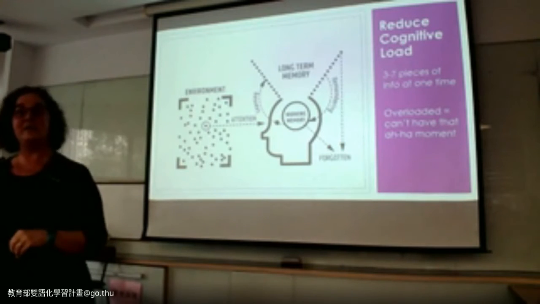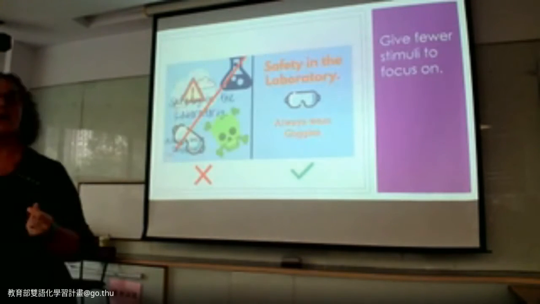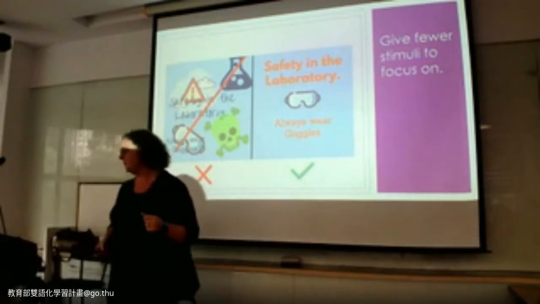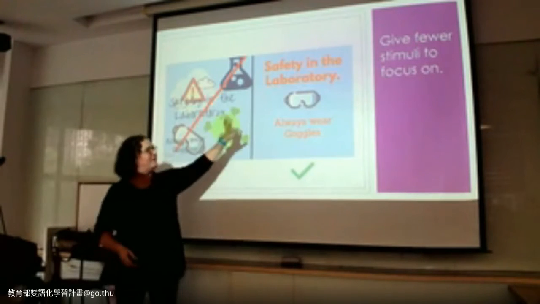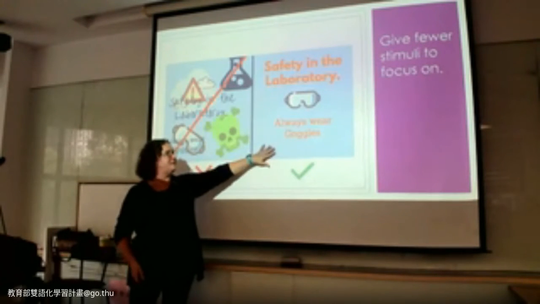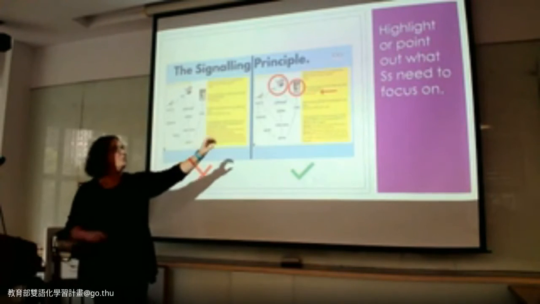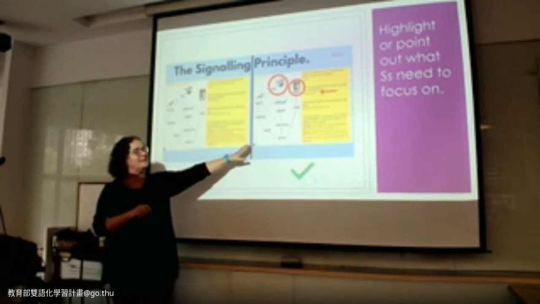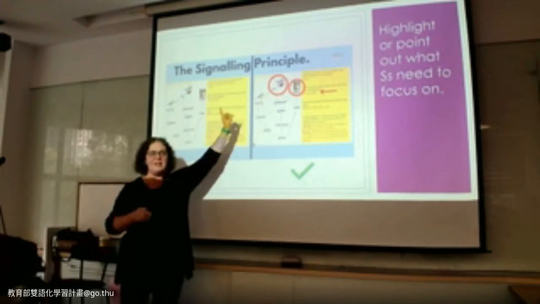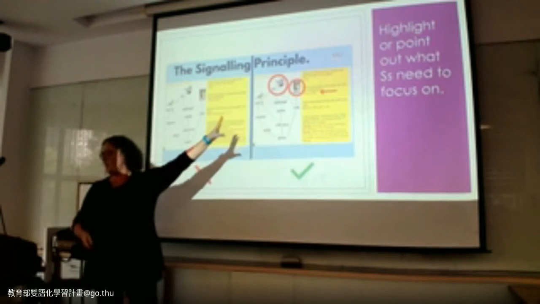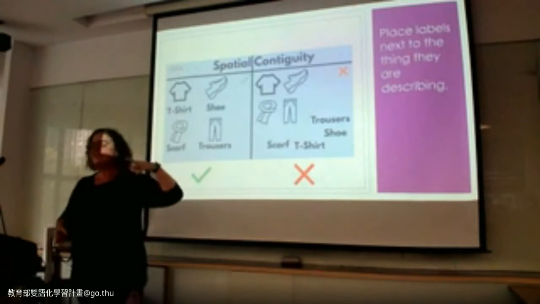So in PowerPoints, here are the ways we can reduce cognitive load. One is to give fewer things to focus on. Instead of having lots, we have less. And I would even go less than this too. We can highlight what we want them to pay attention to. We're going here. This is what we're looking at. Not just with this, but actually on the slide itself. This is where I want you to look. Put things together.